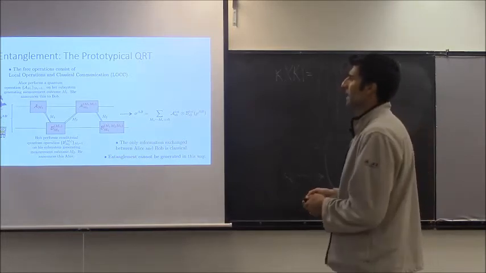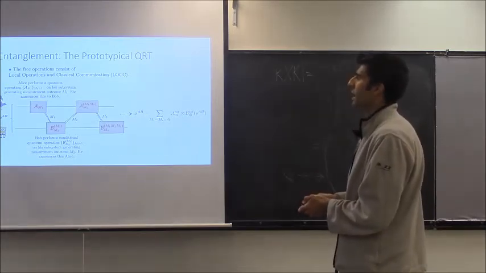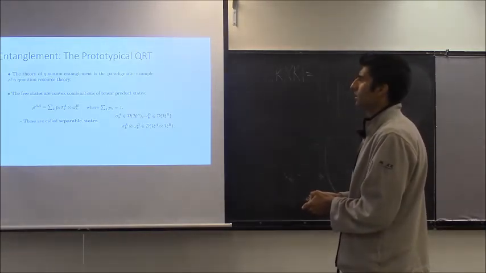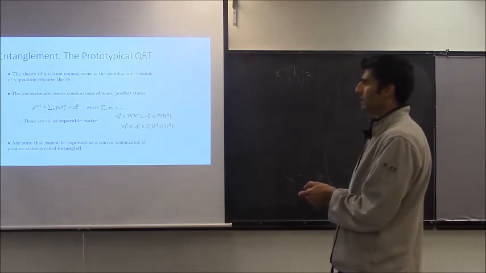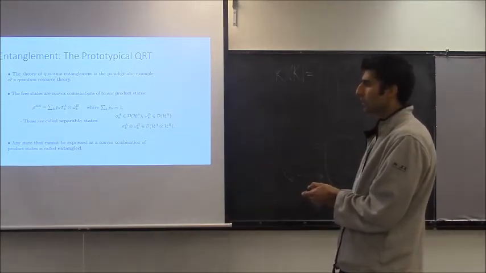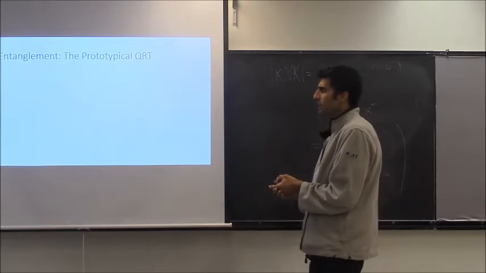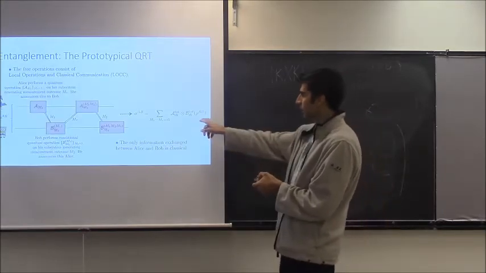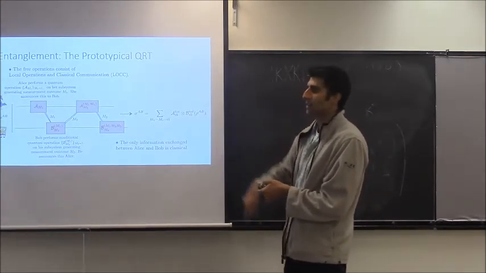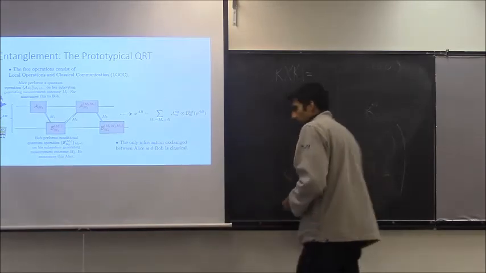In fact, you can see that if you just back up here. Here are our separable states. Remember, I said these are non-entangled. Now I take an LOCC-generated map, which has this form here, and I act on the separable states.